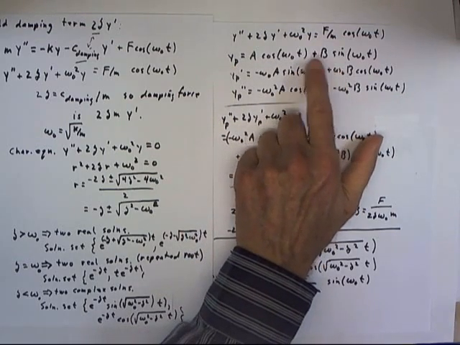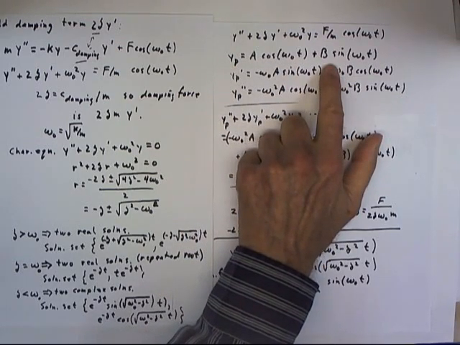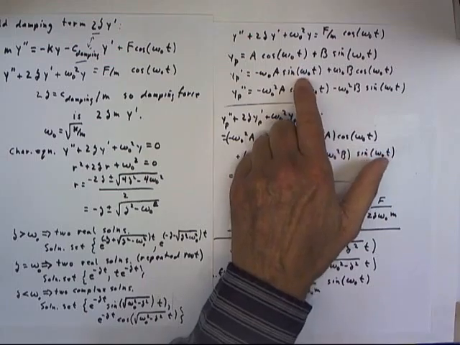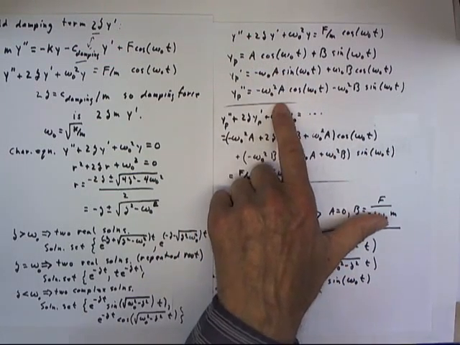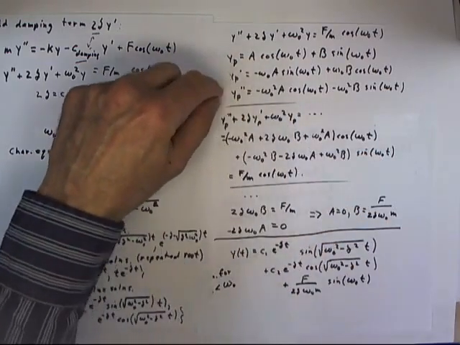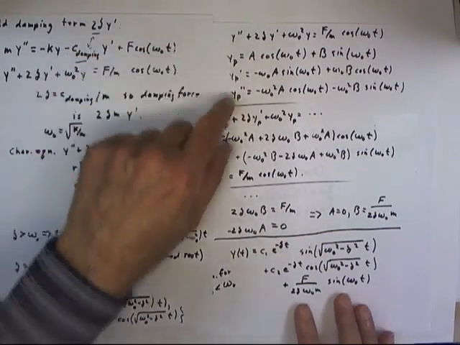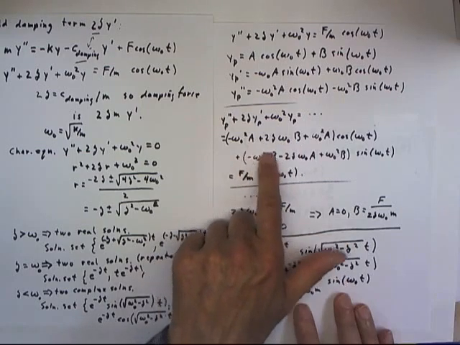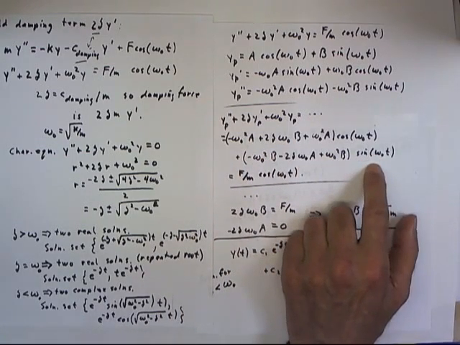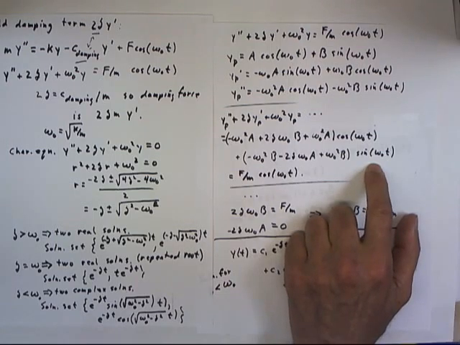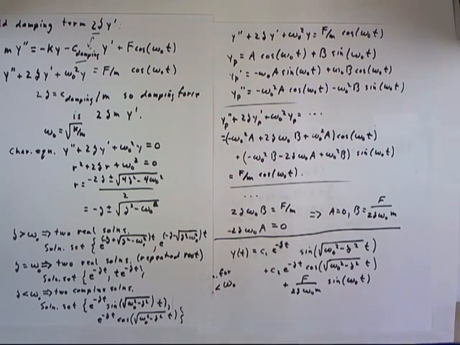Having assumed this solution to the non-homogeneous equation, we take the two derivatives and we plug the three functions, the two derivatives and the original function, back into the original equation, which gives us this. I'm not going to belabor this because the process is identical to that we followed previously.